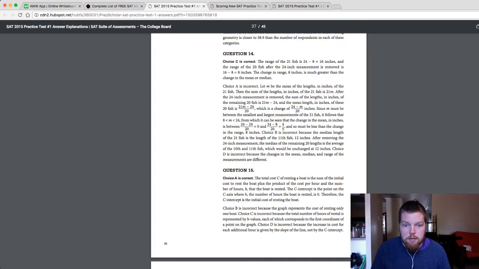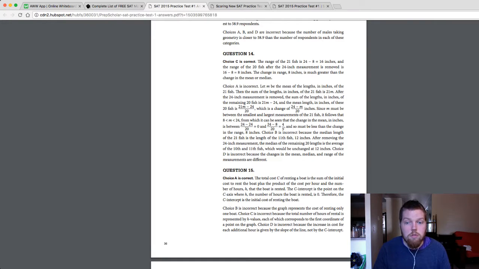Since m must be between the smallest and largest measurements of the 21 fish, it follows that 8 is less than m is less than 24. Right, because m is the mean, and the mean has to be between the smallest measurement, 8, and the largest measurement, 24.